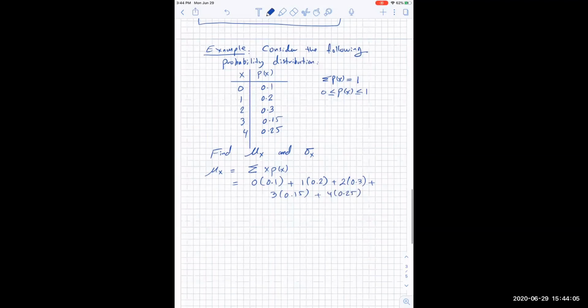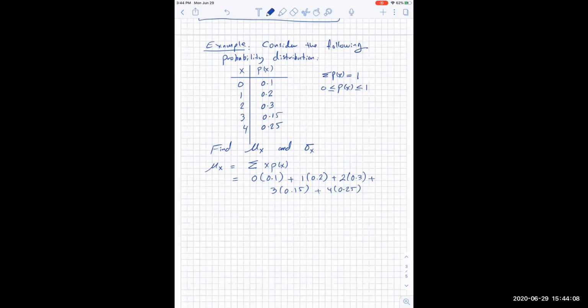You take each value and you multiply it by its probability. What do we get? 0 plus 0.2 plus 0.6 plus 0.45 plus 1, and that will give us 0.8 plus 0.45 plus 1, 2.25.